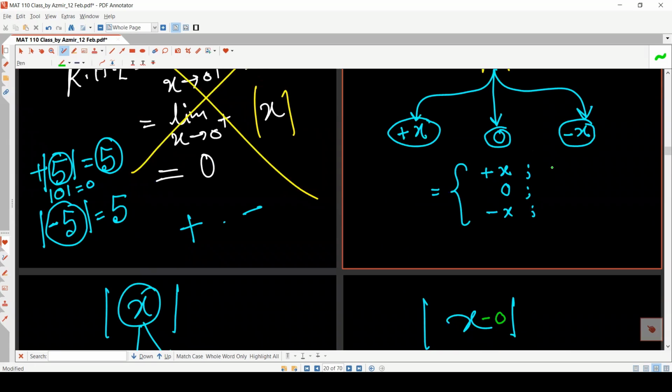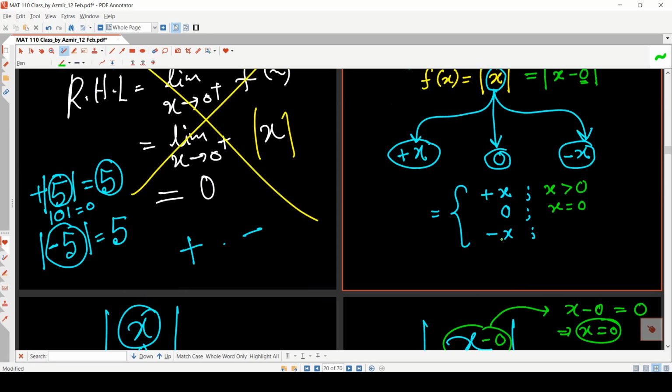For plus x, the defined domain will be x greater than 0. For 0, we will use x equals 0. And for minus x, x is less than 0. So we have constructed f of x.